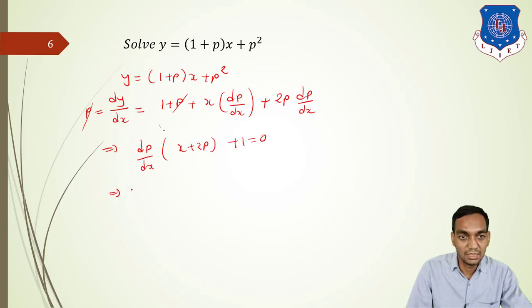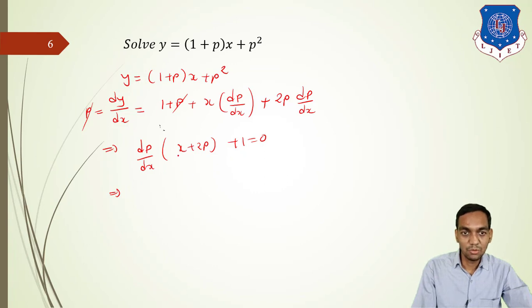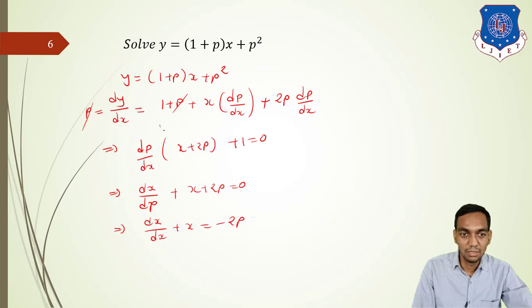See, this is not directly solvable, so I am going to write this in the form of dx by dp plus x plus 2p is equal to 0. So you will have dx upon dp plus x is equal to minus 2p. So this is your linear differential equation in the form of x and p.